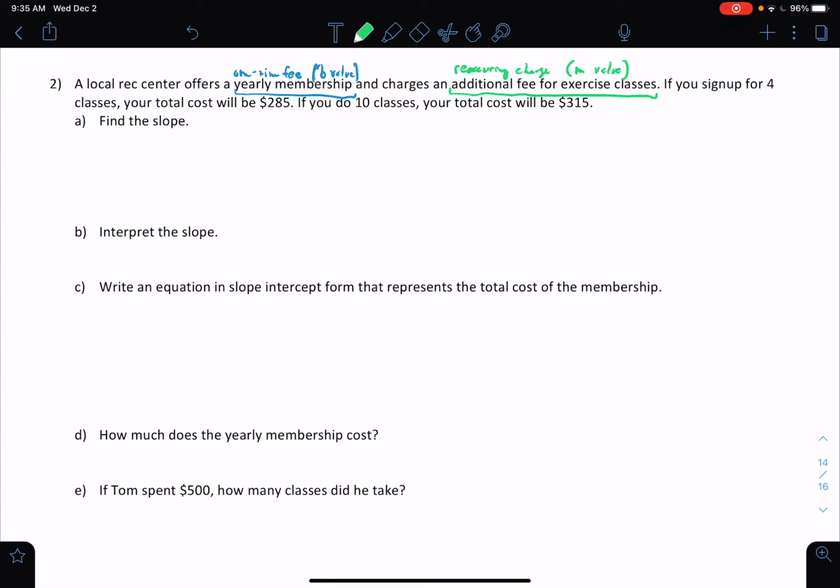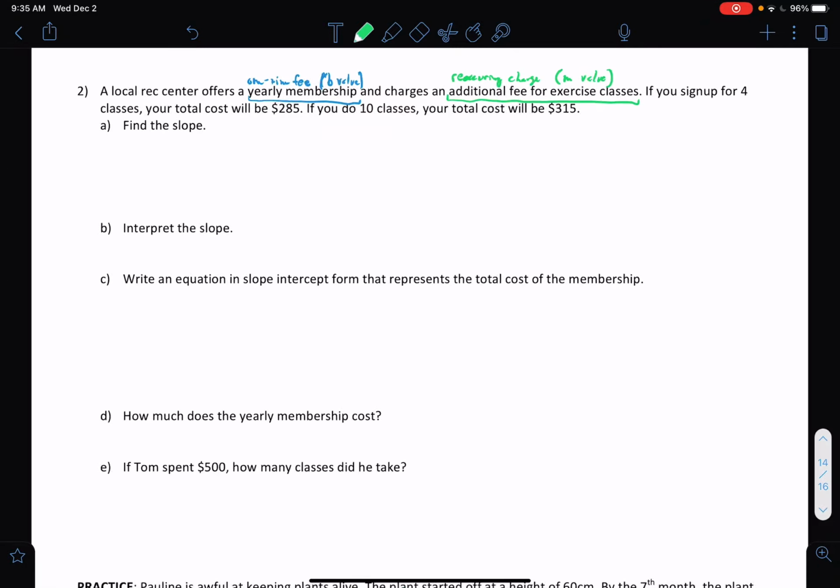All right? Now, it tells us if we sign up for 4 classes, my total cost is $285. If I do 10 classes, my total cost will be $315. Well, I don't have a slope here. I don't know how much the yearly membership is. I don't know how much the charge per exercise class is. I'm given 2 specific points.